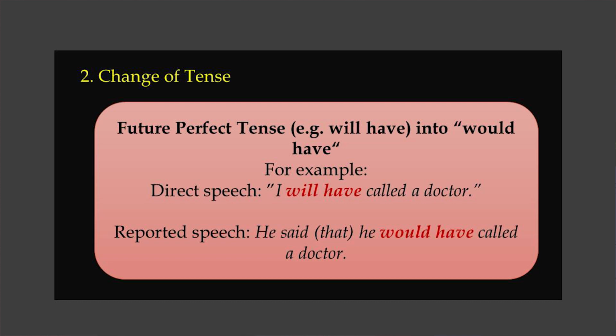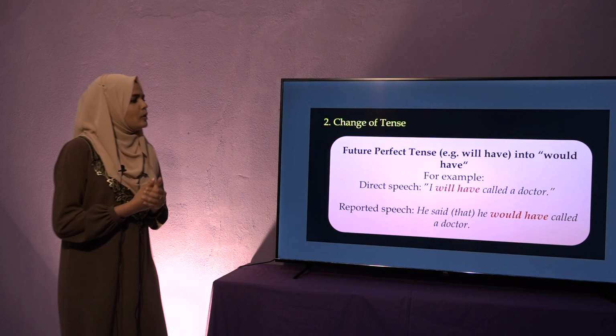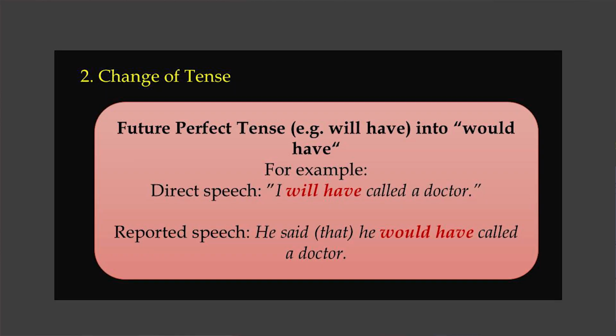Okay, so in future perfect tense, will have changes to would have, as we discussed before. Will changes to would. For example, here in direct speech, I will have called a doctor, but when we change it into reported speech, it changes as he said that he would have called a doctor.